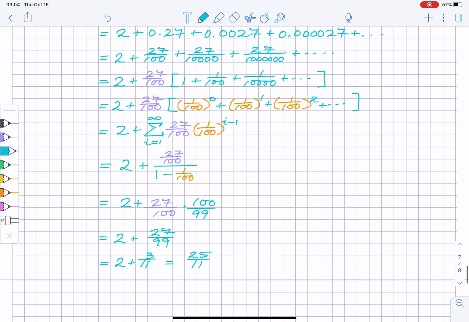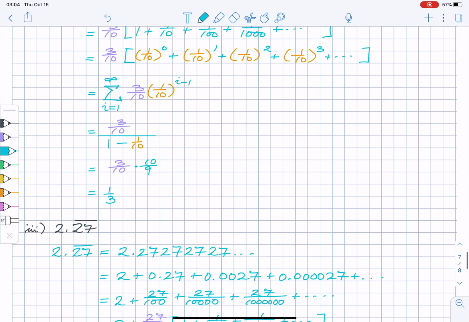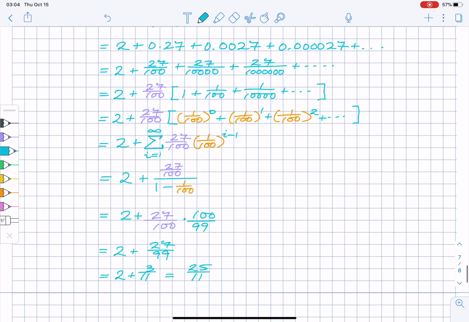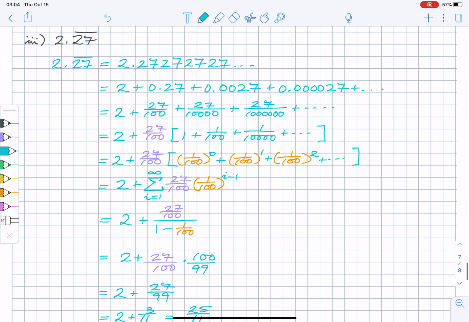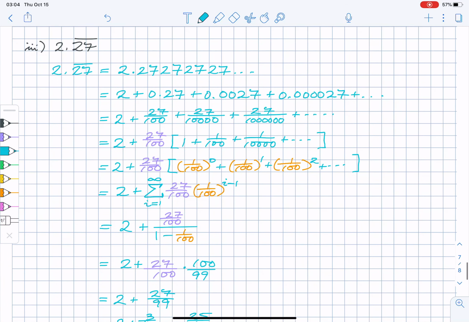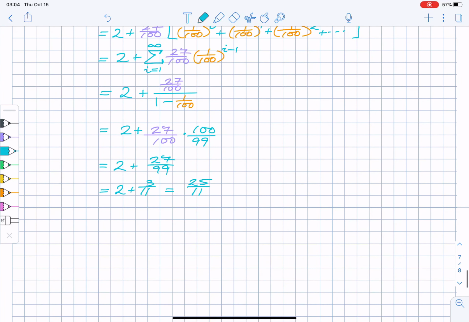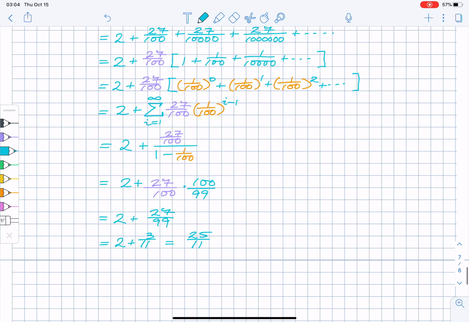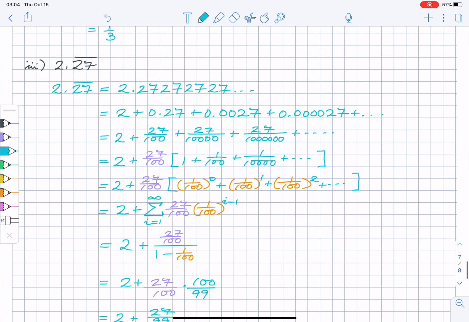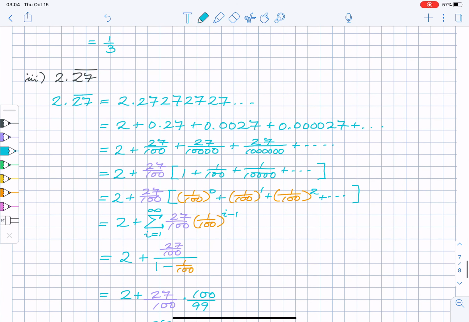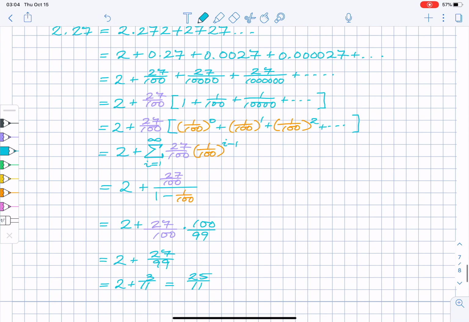So notice we get something finite from something seemingly infinite. So this series sums forever and ever, but we know that 11 goes into 25 about 2 and 0.27 times, approximately.